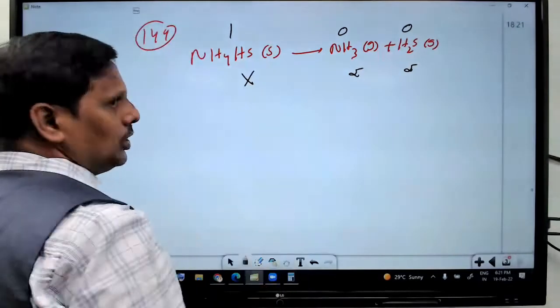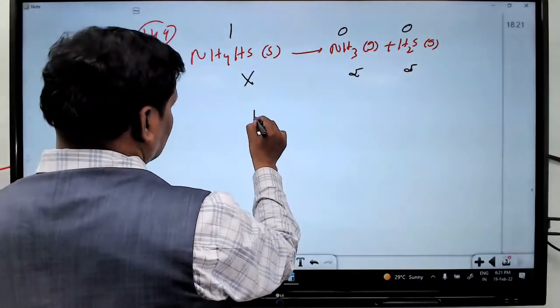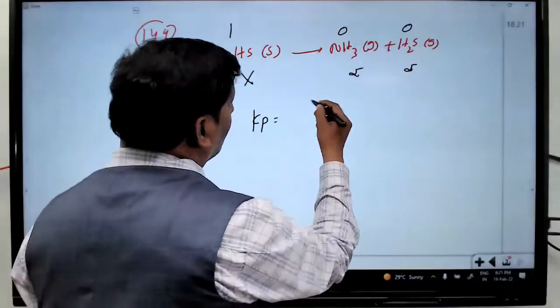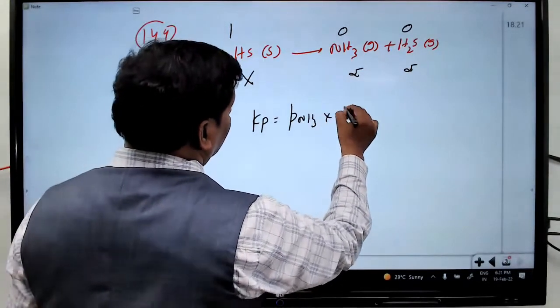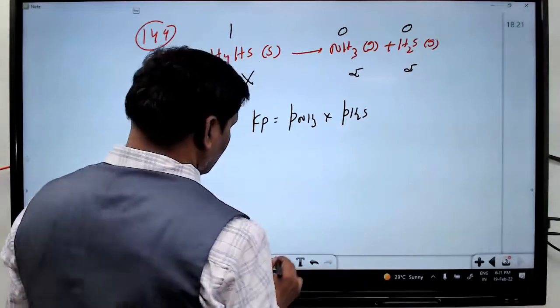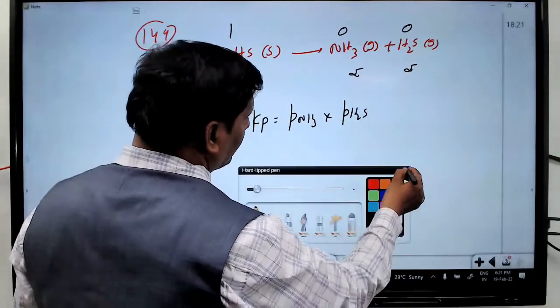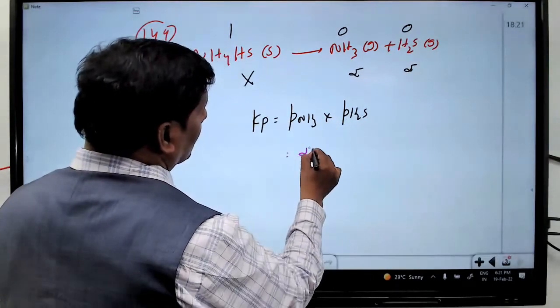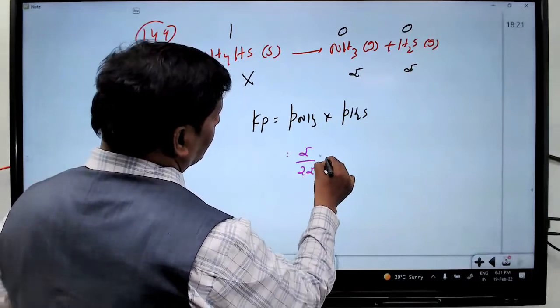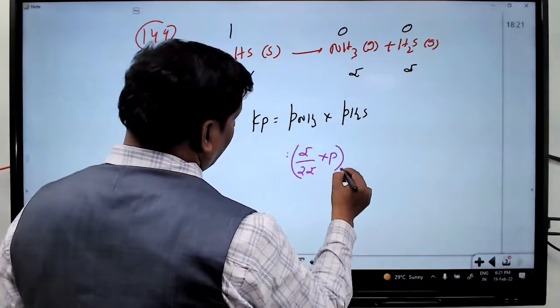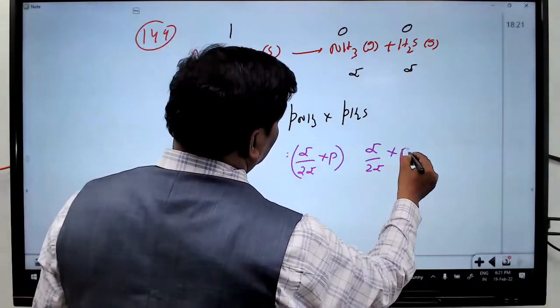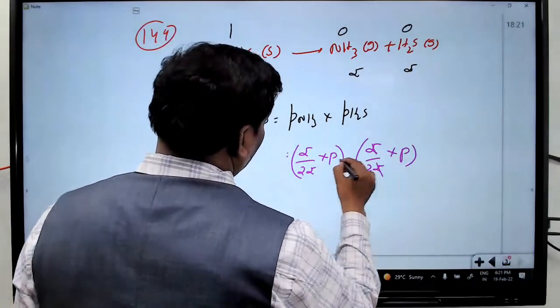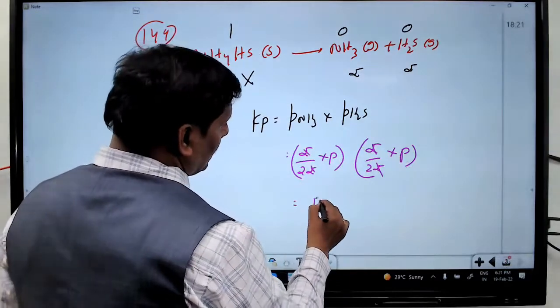Solid के लिए should not consider. अच्छा, Kp is equal to partial pressure of ammonia into partial pressure of H2S. Partial pressure का formula: number of moles by total number of moles, 2 alpha, into P. Again same, number of moles by total number of moles into P. अच्छा, alpha cancel है, nothing but P square by 4.